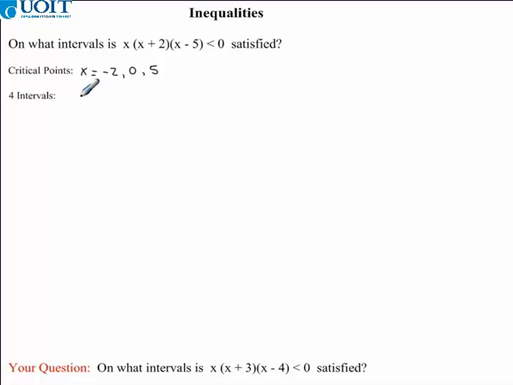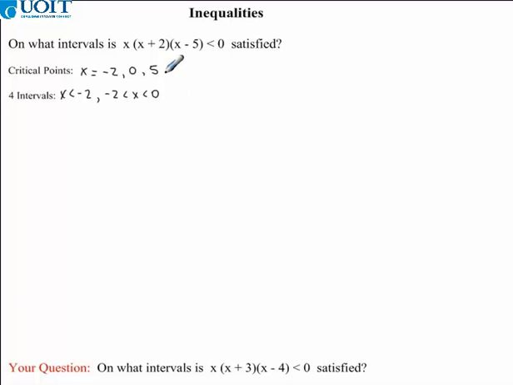Our first interval will be anything less than our first critical point, negative 2. So we will have x less than negative 2. Our second interval will be between our first two critical points, negative 2 and 0. So we'll have negative 2 less than x less than 0.